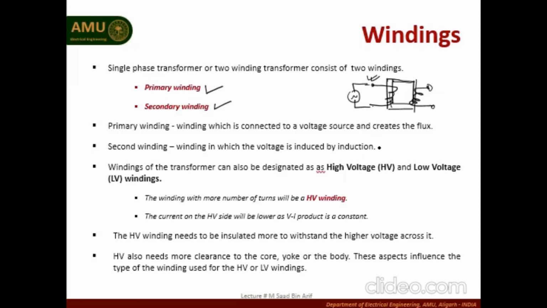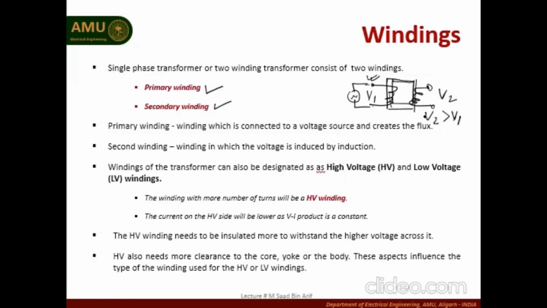If the secondary winding voltage is more than the primary winding voltage, then we call that transformer a step up transformer. So in a step up transformer, if V1 is the primary voltage and V2 is the secondary voltage, then V2 is greater than V1. This type of transformer is basically a step up transformer.